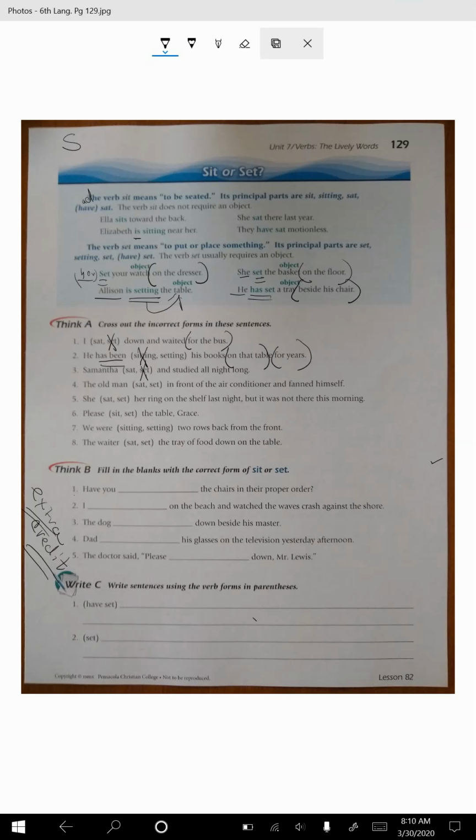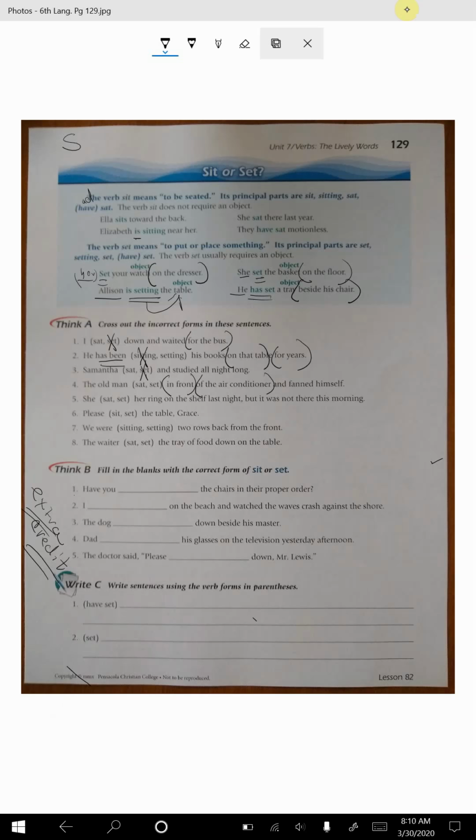The old man sat in front of the air conditioner and fanned himself. A couple things about this sentence I want to notice. First of all, in front, prepositional phrase, right? Of the air conditioner, prepositional phrase. So did the old man sit or set in front of the air conditioner?